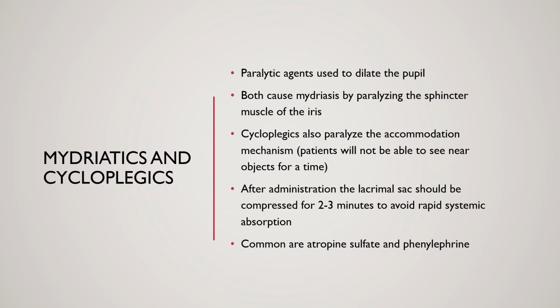After administration, the lacrimal sac should be compressed for 2 to 3 minutes to avoid that rapid systemic absorption that we talked about. And the common ones are atropine sulfate and phenylephrine. You may have had your pupils dilated when you've gone to the eye doctor. That's what they're using here, mydriatics and cycloplegics.